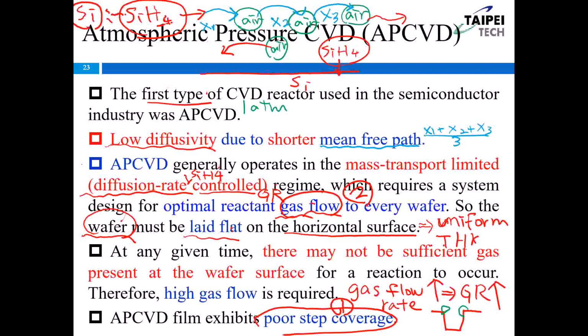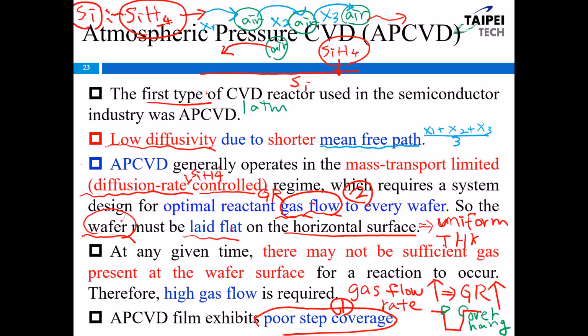So it will result in the overhang on the top corner. So we say APCVD film will result in poor step coverage. For the top corner, the film thickness is thicker, so it will result in the overhang in the top corner.